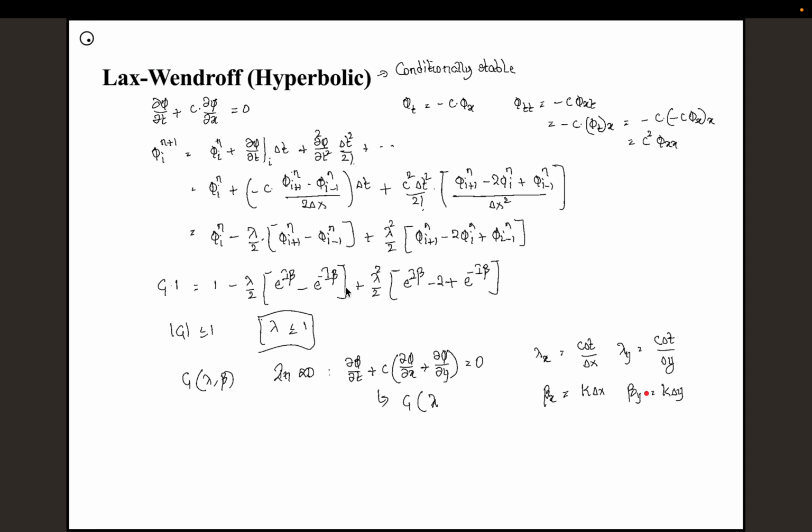Ideally, these would also be two different values of wave numbers along x and y directions. Let's say we have a uniform grid that is symmetric in x and y. So let's say we have only delta x equals delta y. So we end up having lambda and corresponding betas x and y. If delta x equals delta y, but only these wave numbers are changing, we just write kx, ky. So something like this, we'll have three variables.